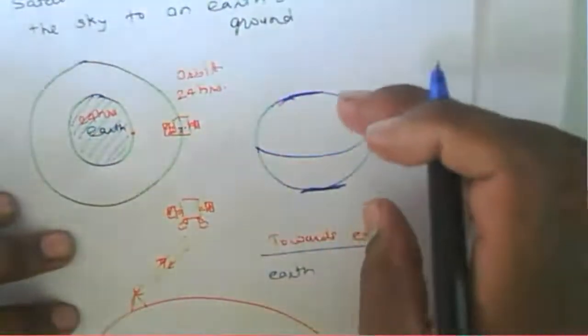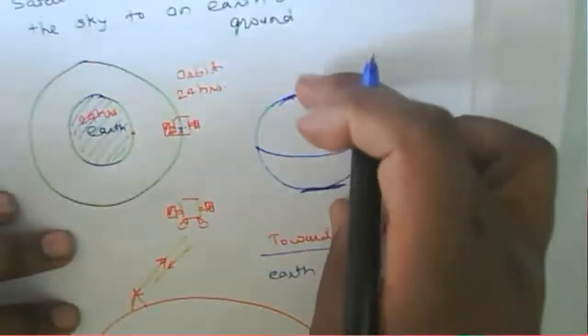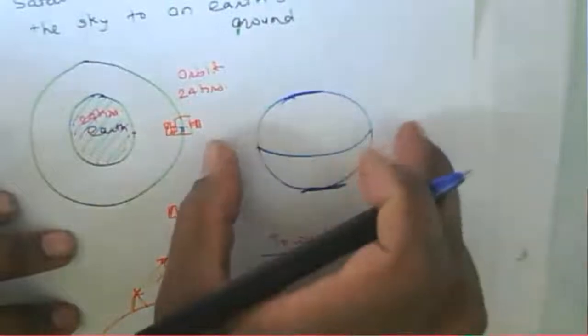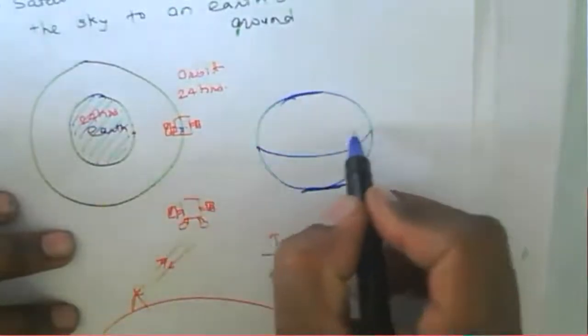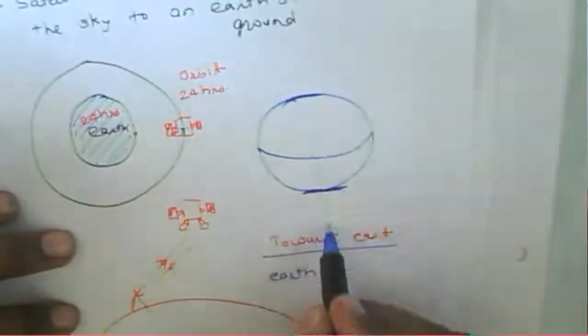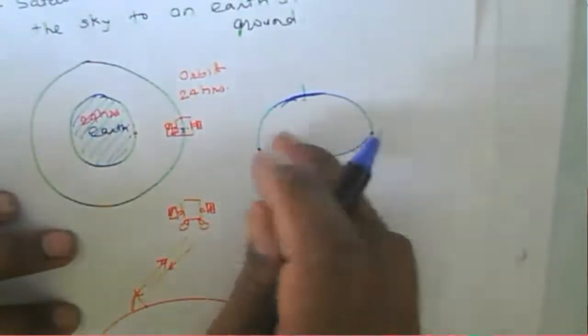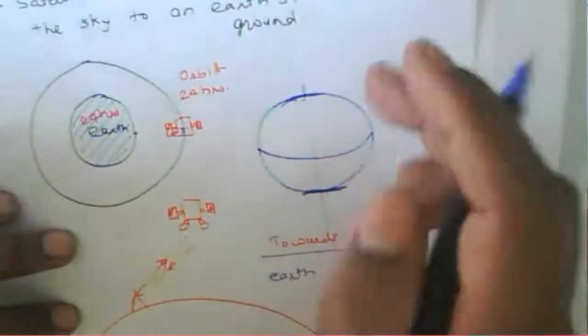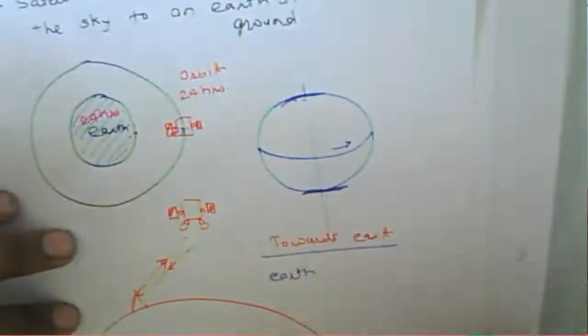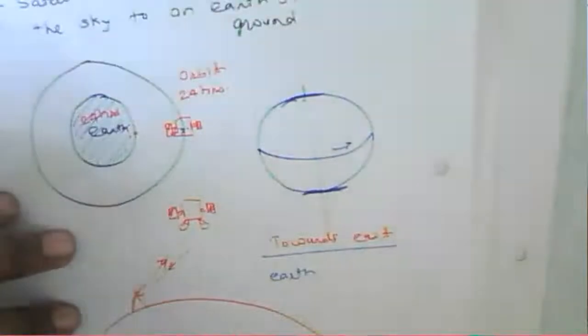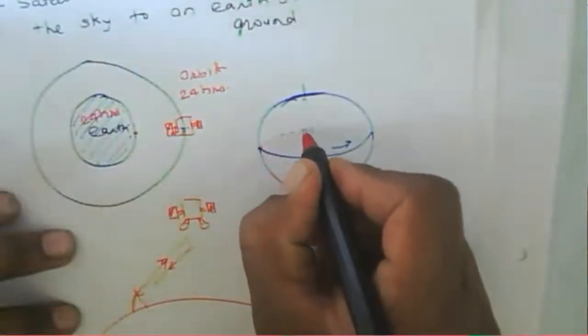If you see an apple, the shape of the Earth looks like an apple, where the top portion and the bottom portion are flat, but it is bulged at the middle, like a big size. So this is fixed. The Earth is rotating around this axis toward the east, in this particular direction. Now this is our equator.